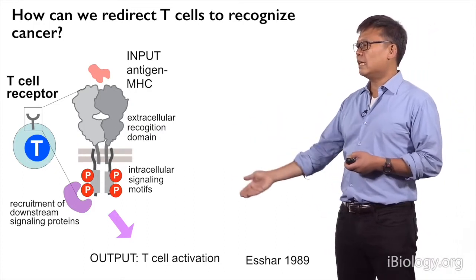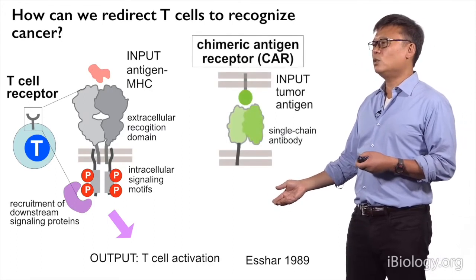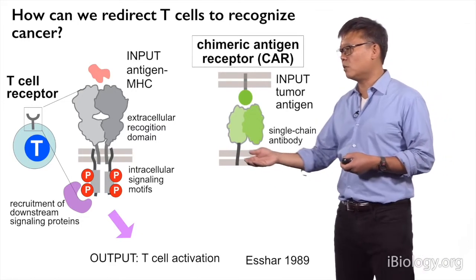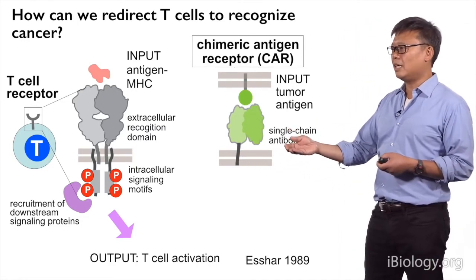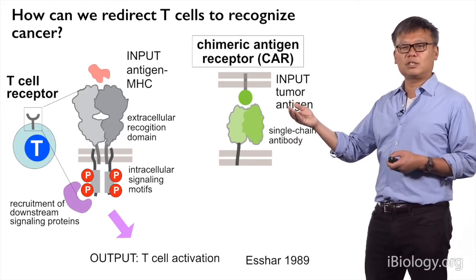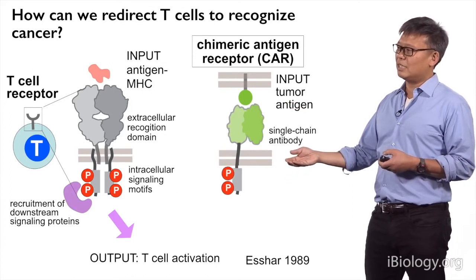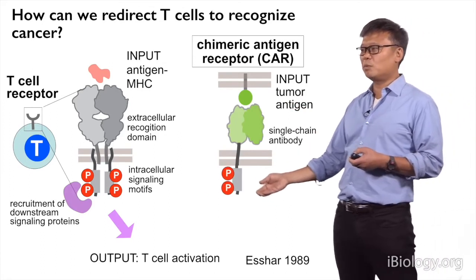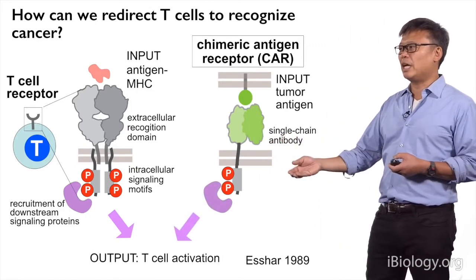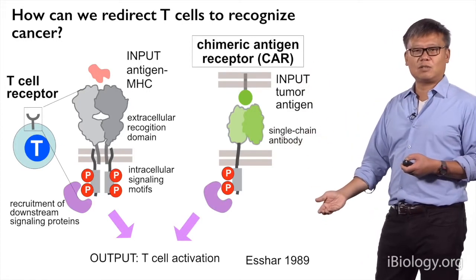What was shown in the 80s by a number of people, including Zelig Eshhar, was the idea that you could actually make synthetic or chimeric T cell receptors. The idea here was, could you take an antibody that recognized an antigen that was only expressed on the surface of a tumor cell? And then, remarkably, they found that if they took this and then added the intracellular portion of the T cell receptor, this would actually get activated when it recognized a cell with this antigen and lead to T cell activation.